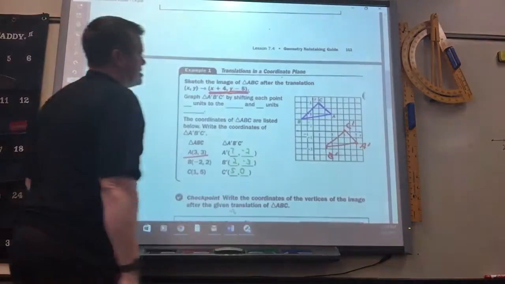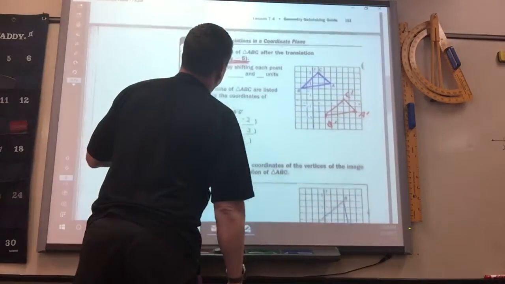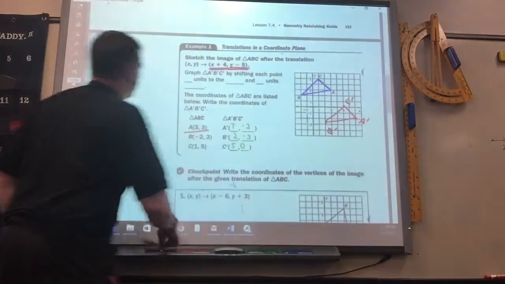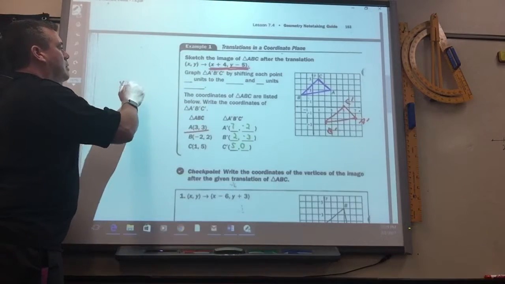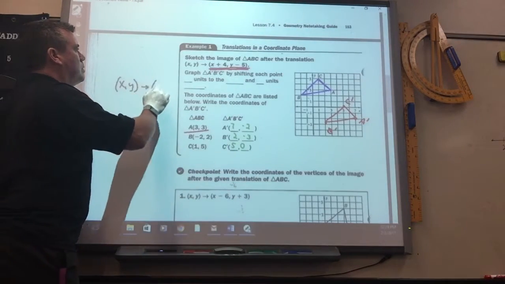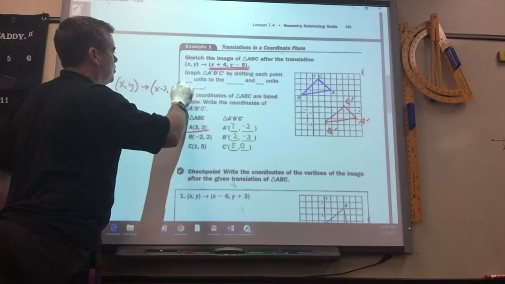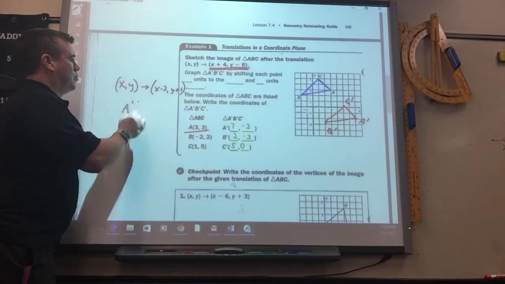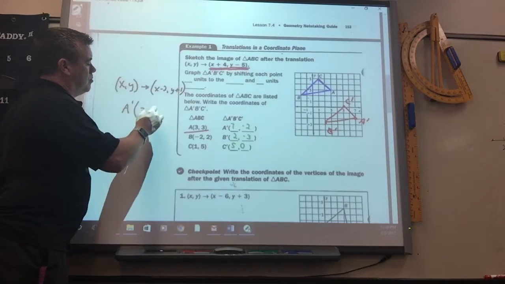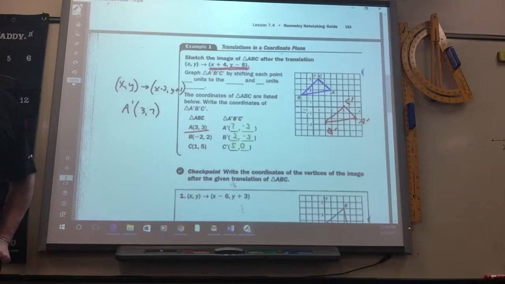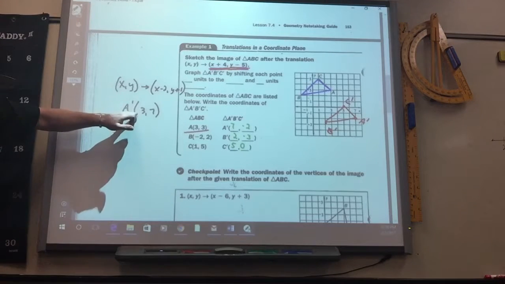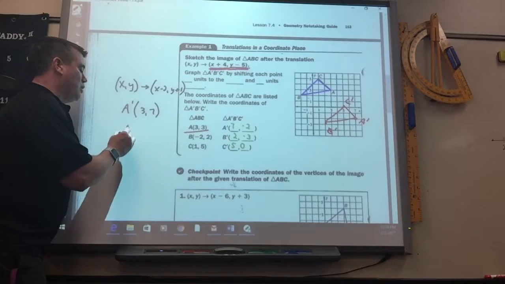Okay. Now on some of the problems, I'll just make one up here. Some of the problems today, they give you the image and they're wondering what is the original point.